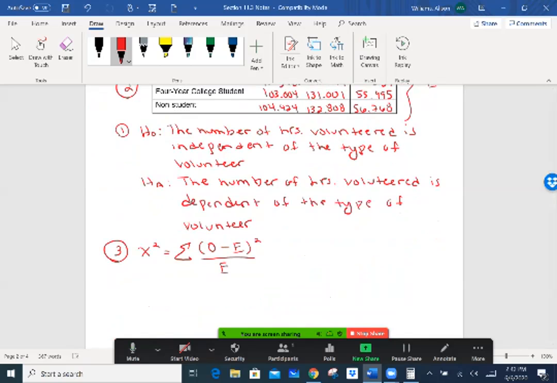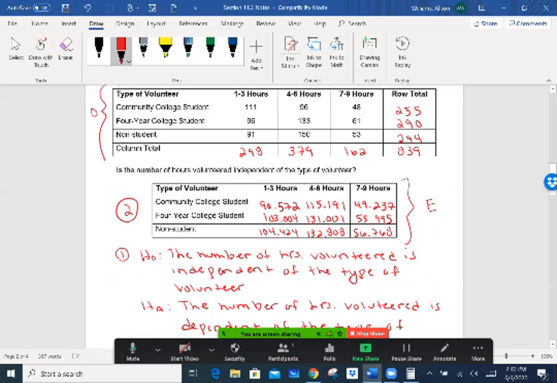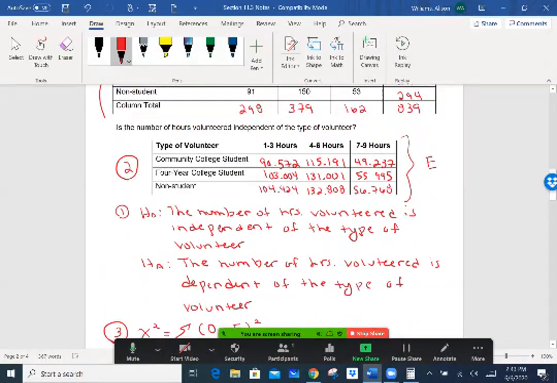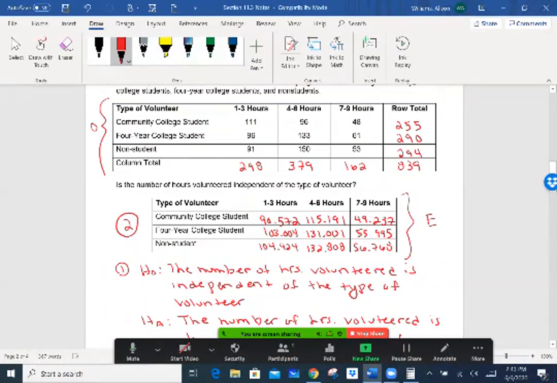Which means I would be taking each one of these entries. So I'd start with a community college student for 1 to 3 hours at 111. I'd subtract the expected, which is 90.572, square that, and then divide by 90.572. So I would do 111 minus 90.572 squared divided by 90.572 plus, and then I do it again for the next category, the community college student who works 4 to 6 hours of volunteer work.